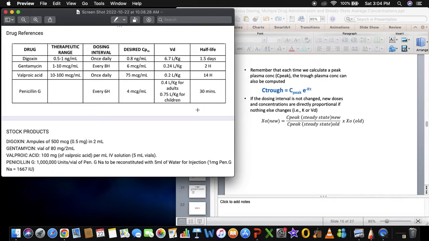Okay. So anyway, for obvious reasons, class, I think everyone would agree that we will use 0.75 liters per kilogram. You have to remember, class, sometimes the volume of distribution of a child is different from that of an adult. So such is the case here. We'll be using 0.75 liters per kilogram as the volume of distribution.